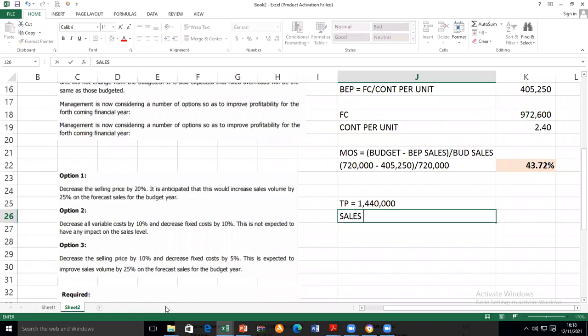What's the formula? The fixed cost plus TP, divided by the CS ratio.